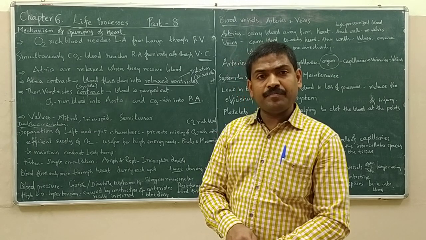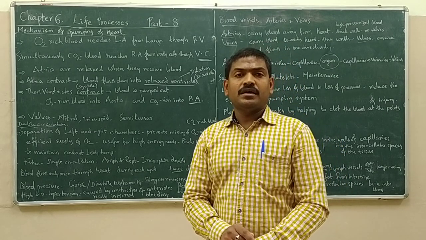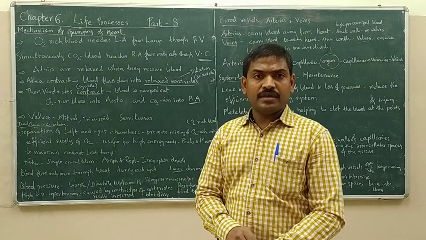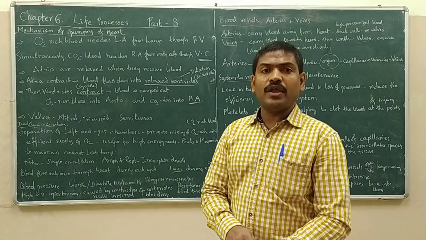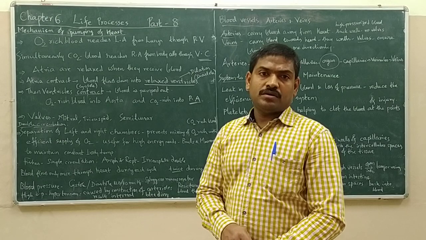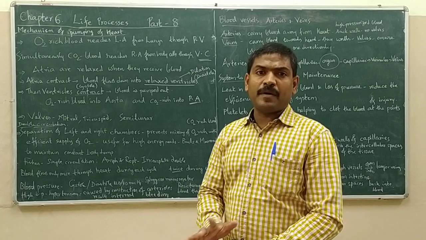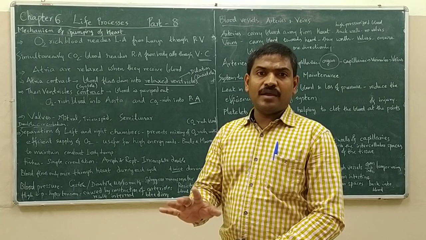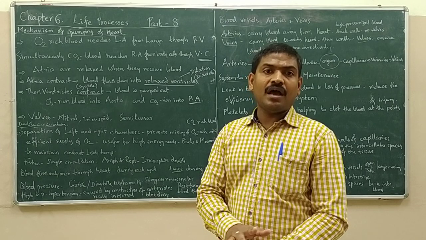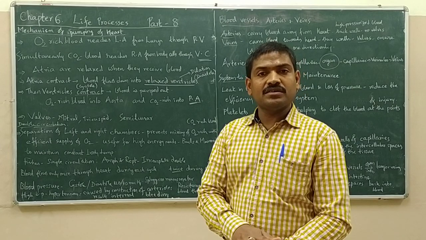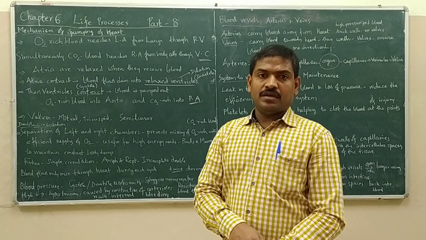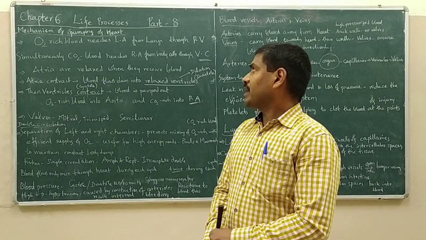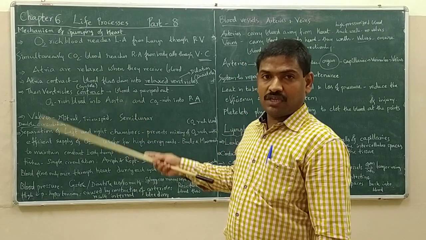At the same time, from the left ventricle, the oxygen rich blood is pumped out into aorta. Right? Now, after this pumping out, both the atria and ventricles are in relaxed condition. This is how the mechanism of pumping in the heart takes place.